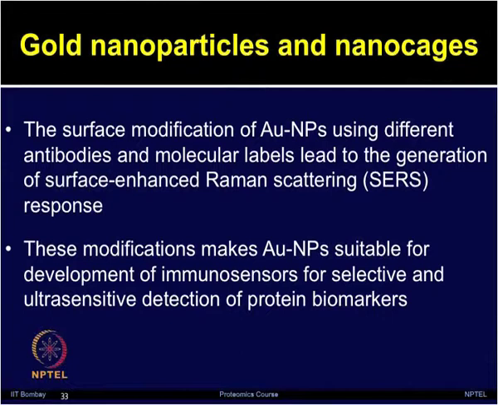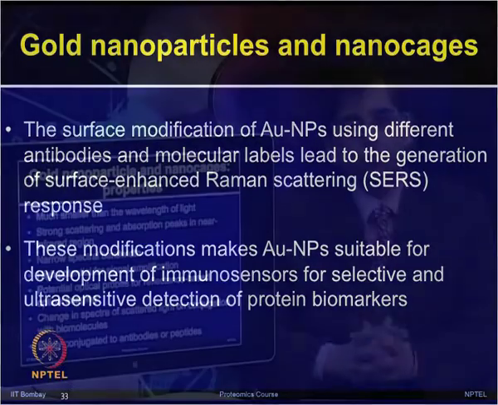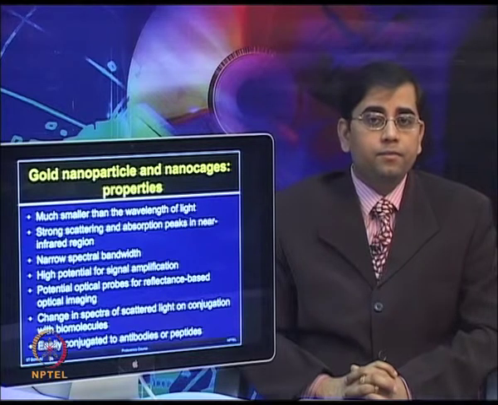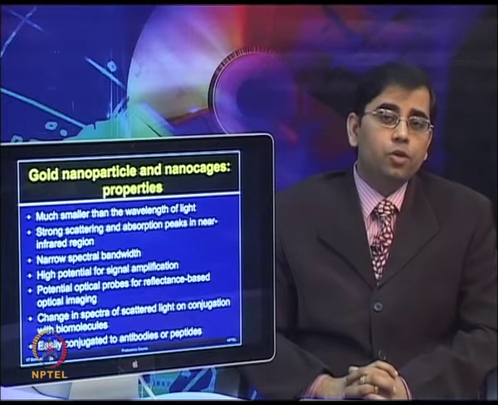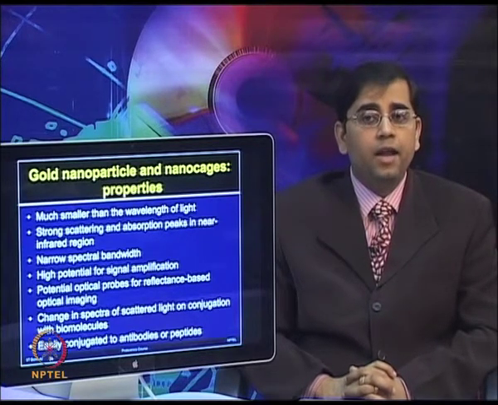These modifications have made AuNPs or gold nanoparticles suitable for developing immunosensors for selective as well as ultra sensitive detection of protein biomarkers.